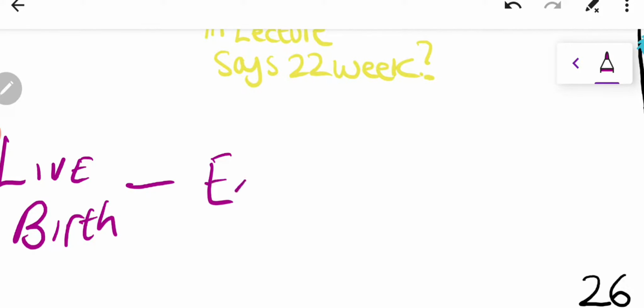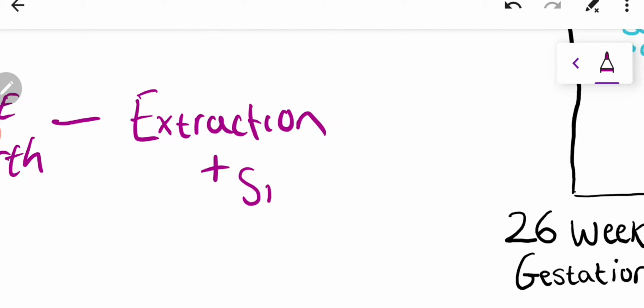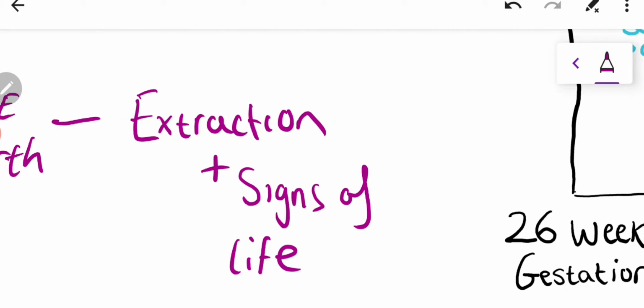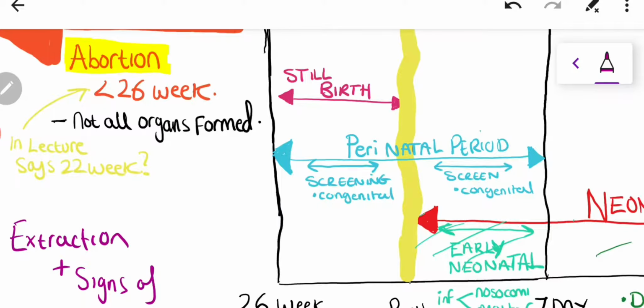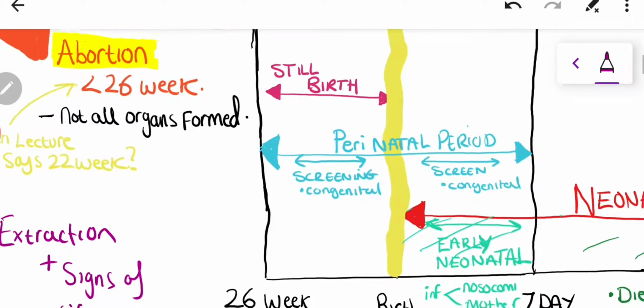So this is basically the successful extraction and the baby showing signs of life. I'm obviously simplifying it, but you know what I mean. So that's abortion, right? Pre 26 weeks.